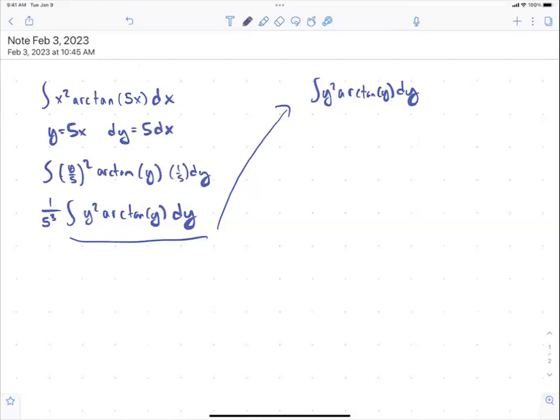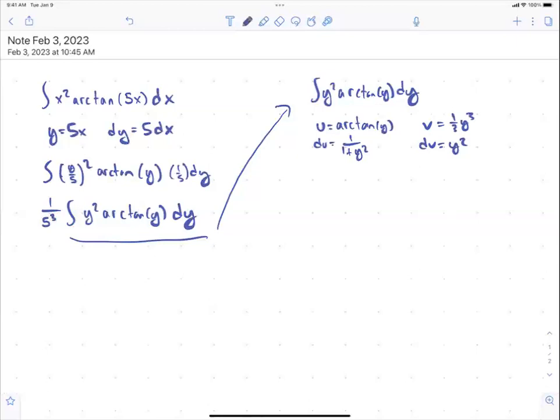Okay, so I'm going to do this integral now, and here I want to get the derivative of arctangent, because that's something a little nicer. It just has 1 over 1 plus y squared. So I'm going to do integration by parts to get that. In this case, I'll set u to be arctangent of y. du is 1 over 1 plus y squared. And then I'll set dv to be this y squared, and then v is 1/3 y cubed.